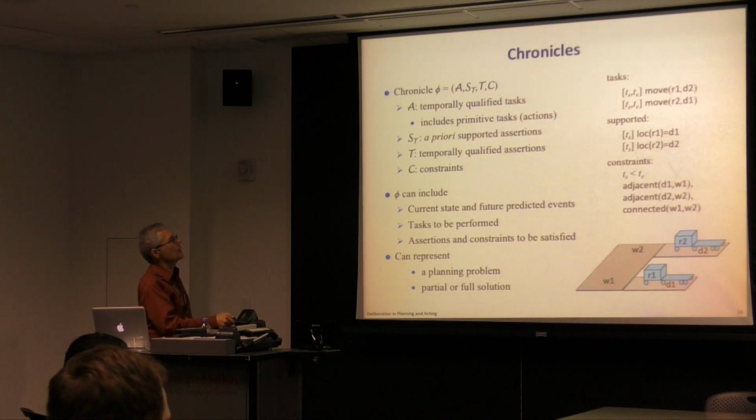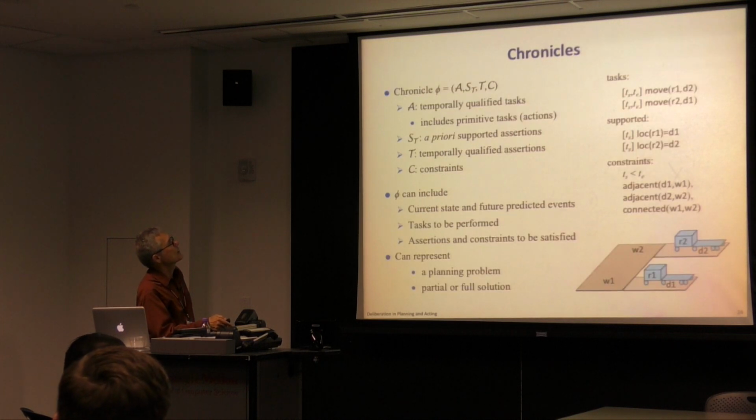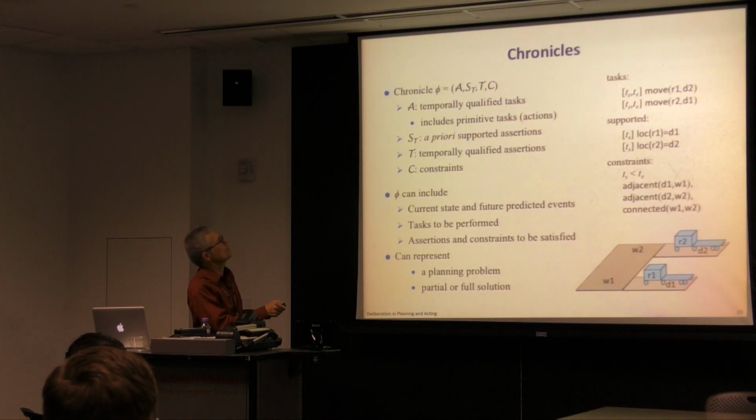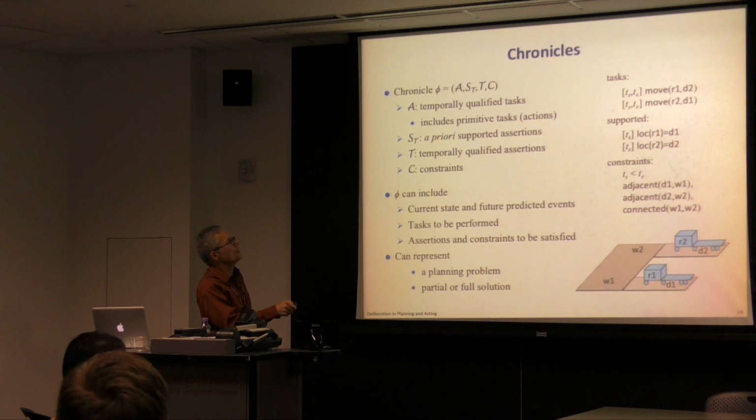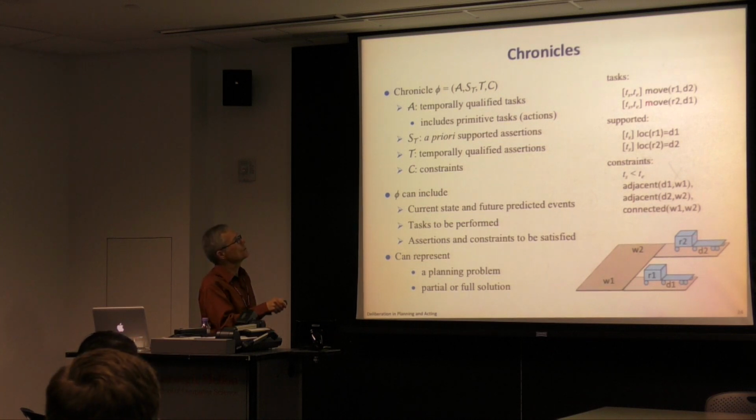So our initial chronicle we're going to start with is, let's see, do I have it on the next slide? I'll go through it here. I should have gone through it a minute ago. We're going to have these 2 tasks, move R1 from D1 to D2, move R2 from D2 to D1, those 2 tasks.